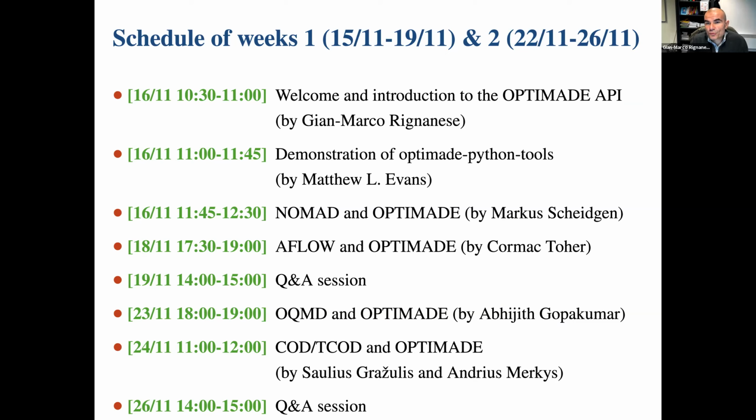So that's a first way to interact with the databases through Python. And he will say also a few words about what is an API and stuff like that. Then we will have Marcus Skaten, who's going to speak about Nomad and how Optimade can be used with Nomad. And then you will see the different databases. So in 2 days, you will see Cormac Toher speaking about AFLOW and Optimade.